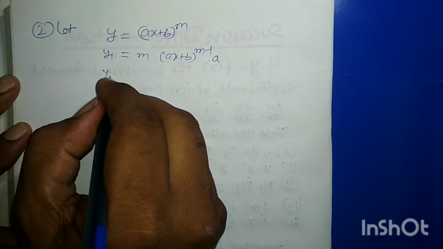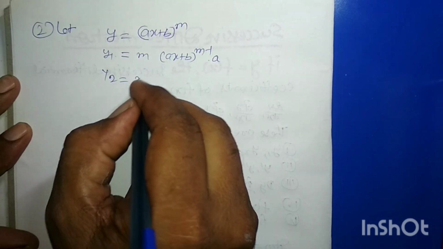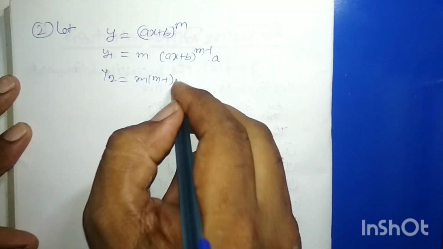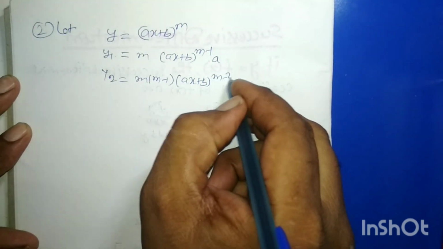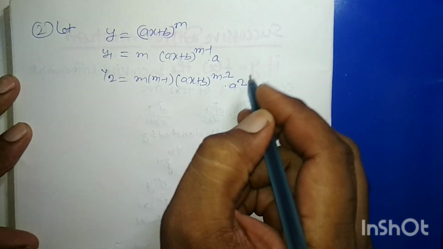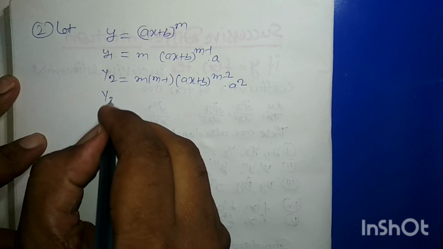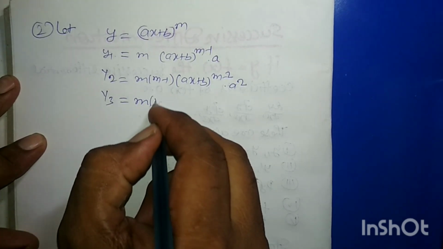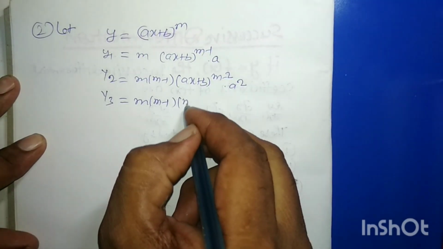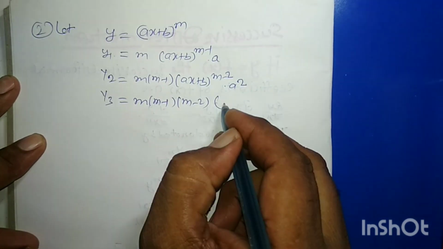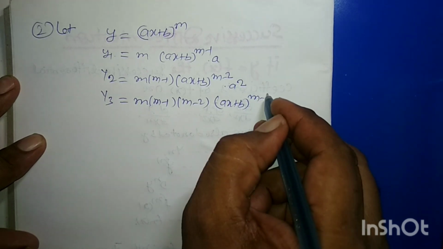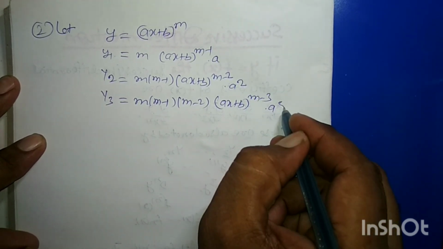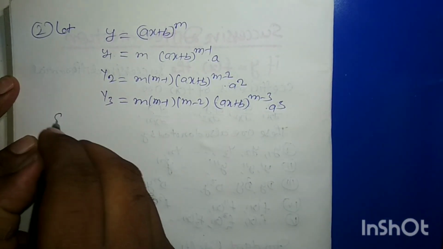Now again differentiate with respect to x: y2 = m(m-1)(ax+b)^(m-2) into a², and y3 = m(m-1)(m-2)(ax+b)^(m-3) into a³. Similarly, the nth derivative.